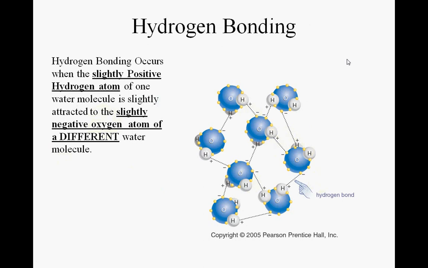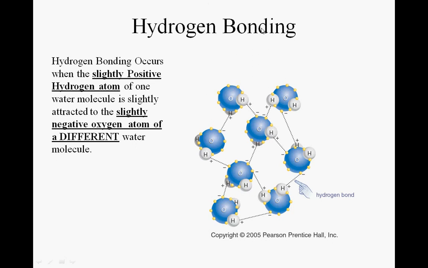A result of polar bonding can be seen in hydrogen bonding. Hydrogen bonding occurs when the slightly positive hydrogen atom of one water molecule is slightly attracted to the slightly negative oxygen atom of a different water molecule. And so as you can see right here, you have some attraction going on between molecules.